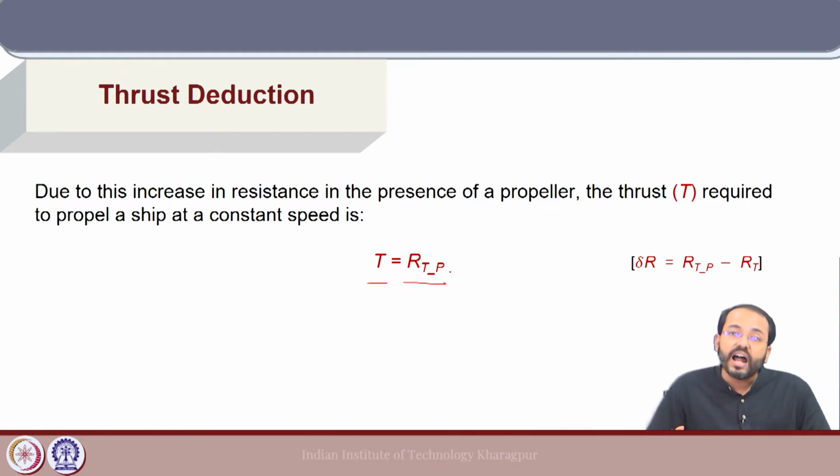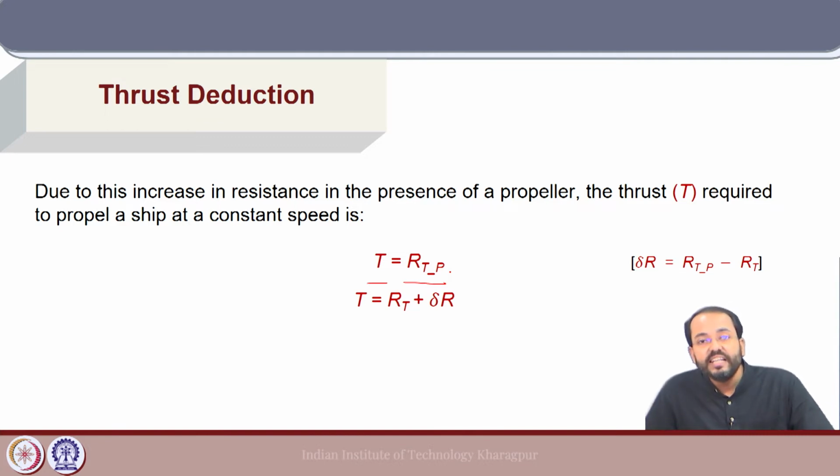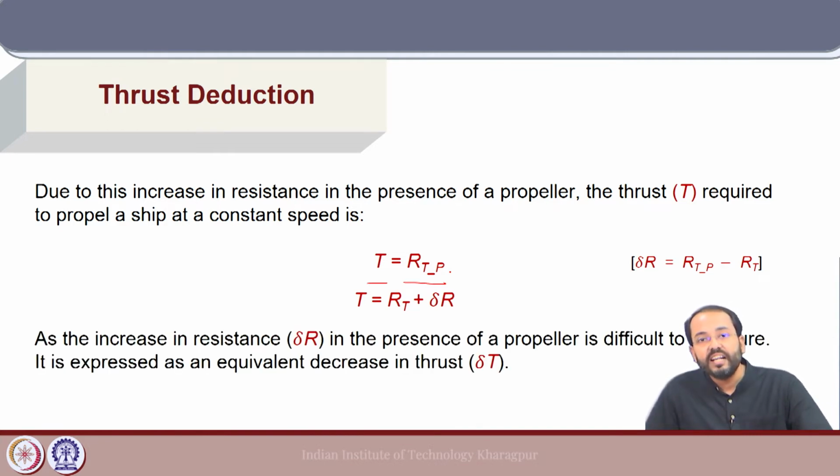Because RTP is greater than RT, which is the resistance measured during the resistance test without the propeller, the thrust requirement should be higher as compared to the actual resistance without the propeller. So, in order to do this, we write T is RT plus delta R.